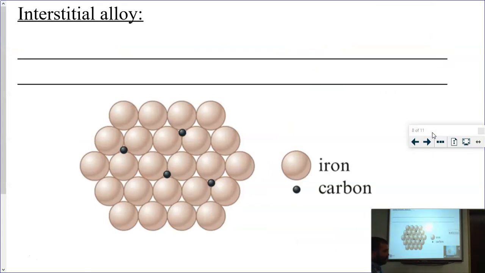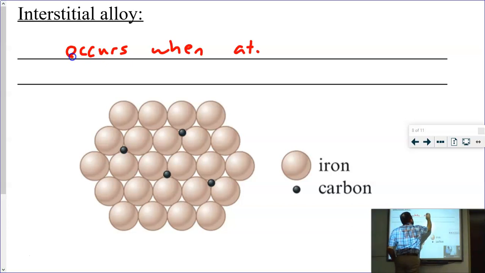An interstitial alloy occurs when the atoms are different sizes.